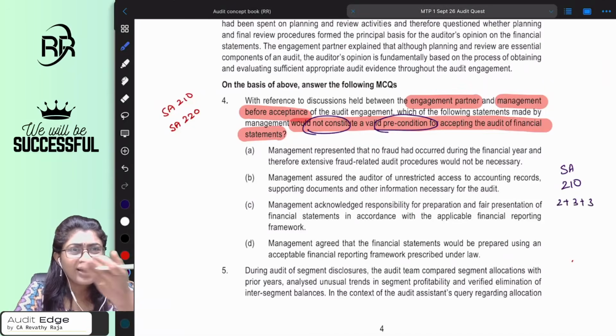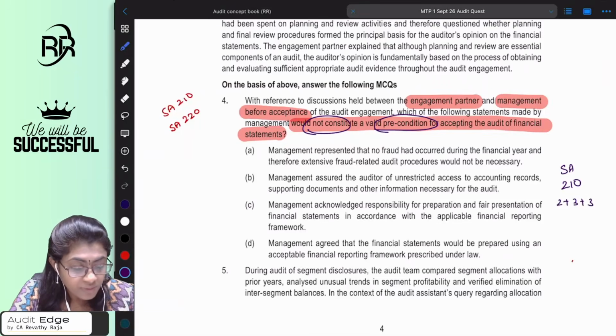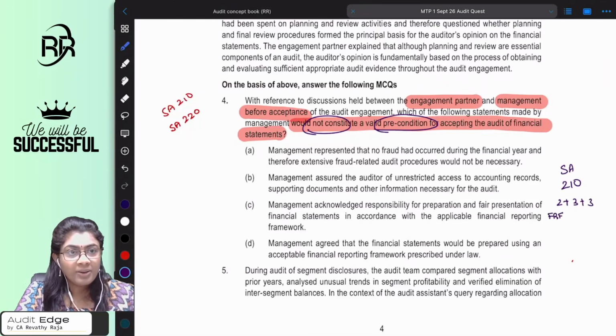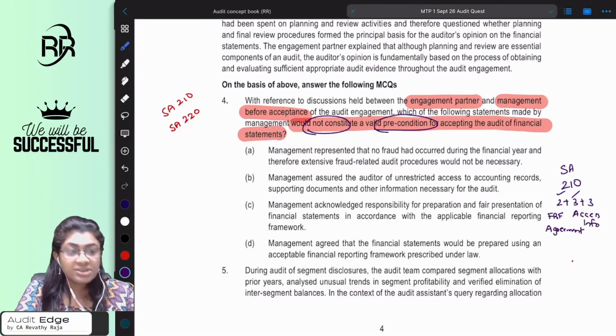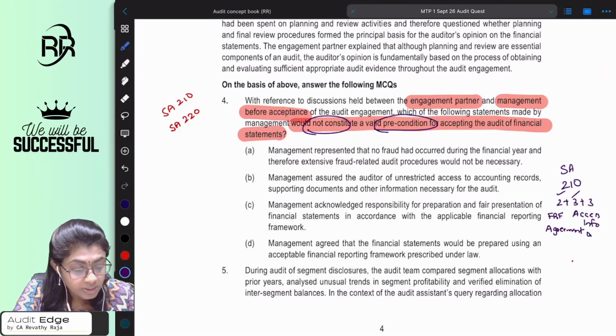Ma'am, what are you doing? I'm saying preconditions. First, you agree with the management regarding the applicable financial reporting framework. Then you obtain agreement. In the agreement, three things are there. They will provide you access, then they will provide you additional information, then unrestricted access to the auditor.